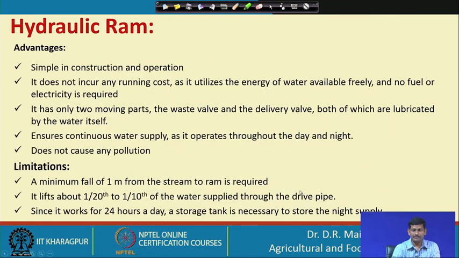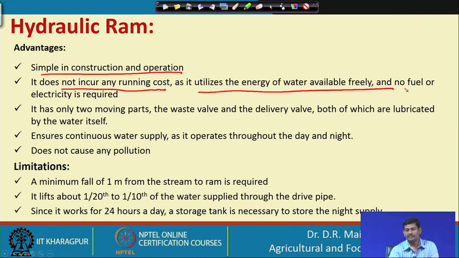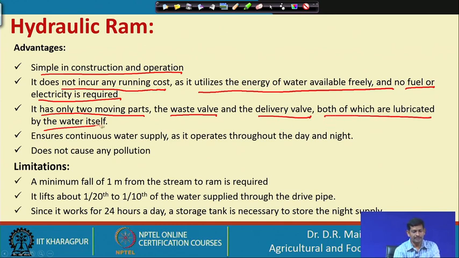So, the advantages are that it is simple in construction and operation, and does not incur any running cost. It utilizes the energy of water available freely, and no fuel or electricity is required, because this operates basically on the hydraulic ram principle. It has only two moving parts, the waste valve and the delivery valve, as I said. Both of these are lubricated by water itself, so it does not require any lubrication.